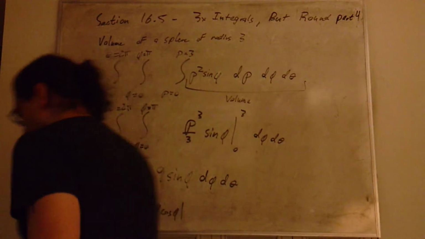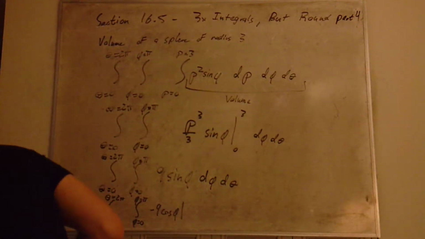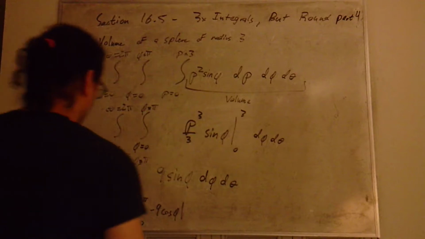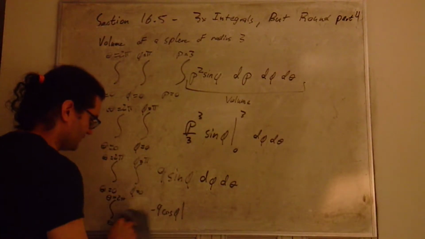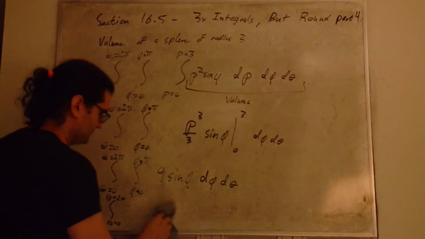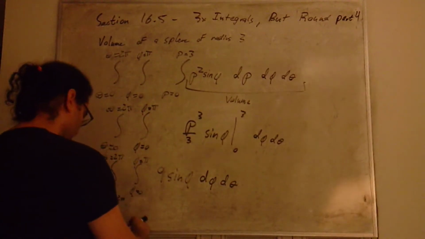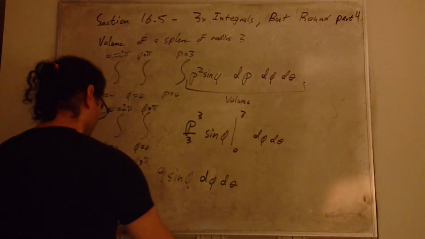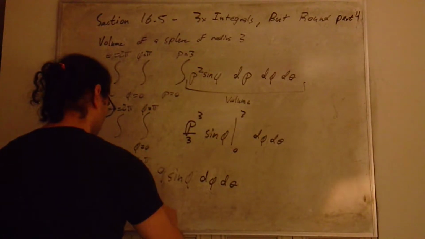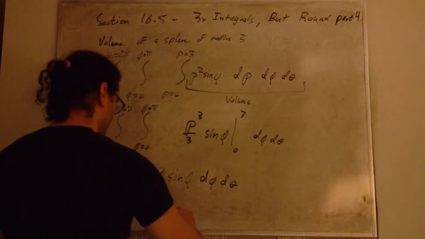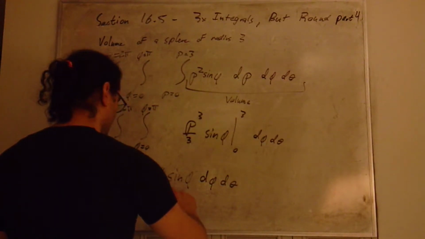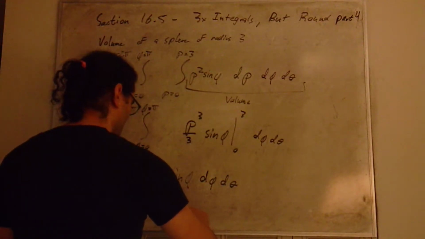Oh, I wrote this wrong. I'm not doing the second integral. I already took the second integral. I still have the integral for theta. The integral of this is negative 9 cosine phi from 0 to pi d theta.